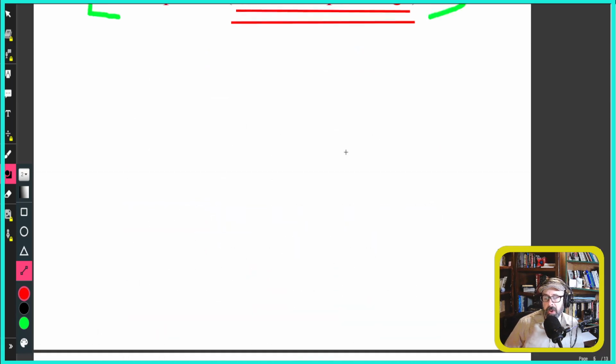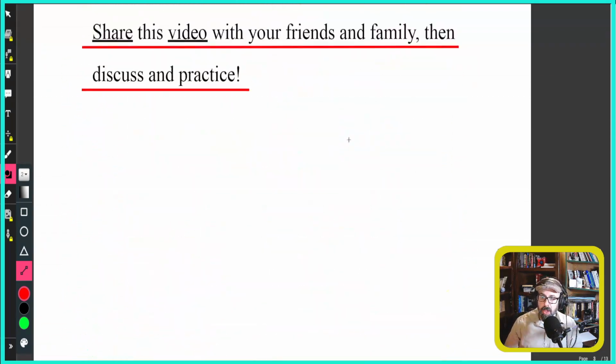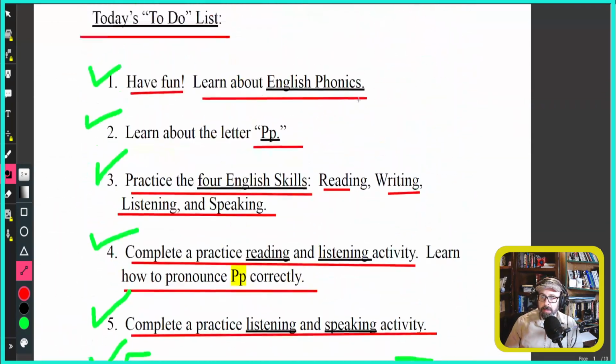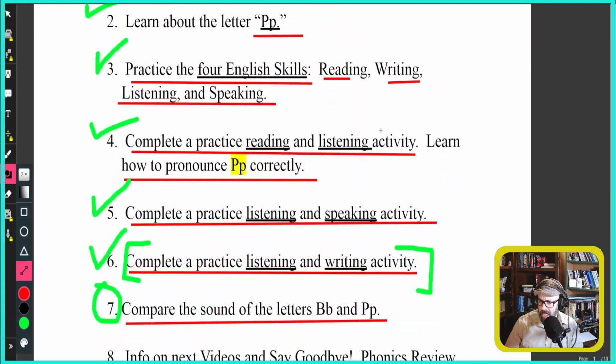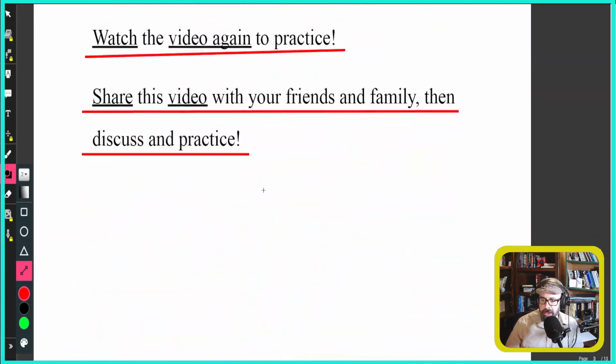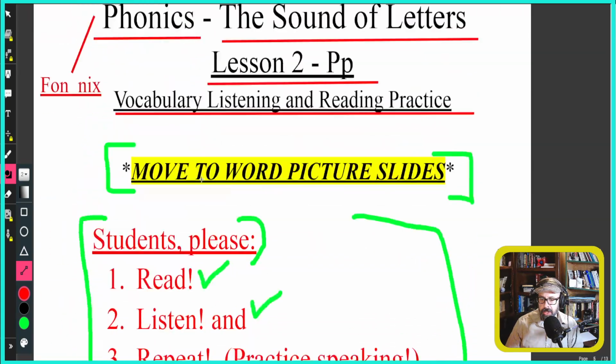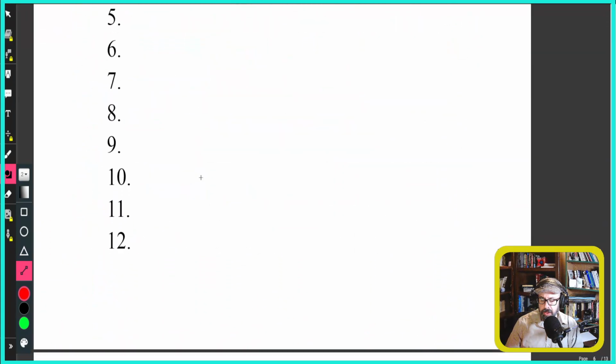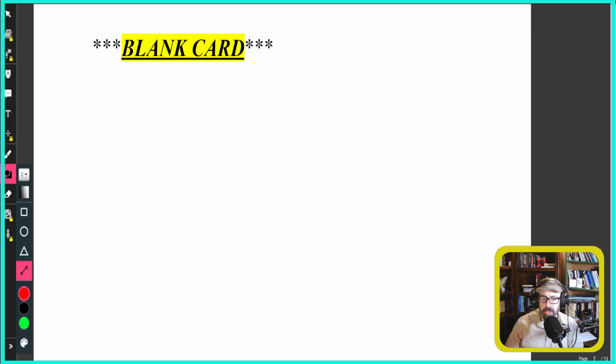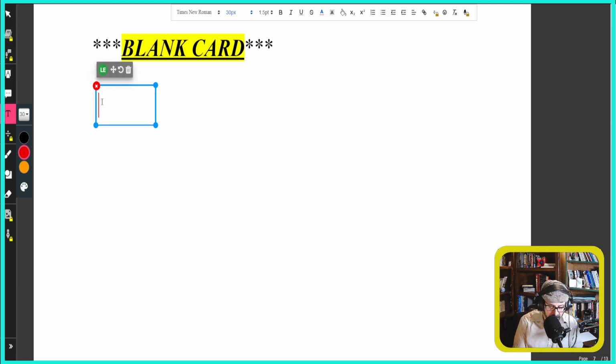Let's take a look at the difference between B and P. What we want to do is talk about the difference between the two sounds. How is the sound different? Okay, so we have B.